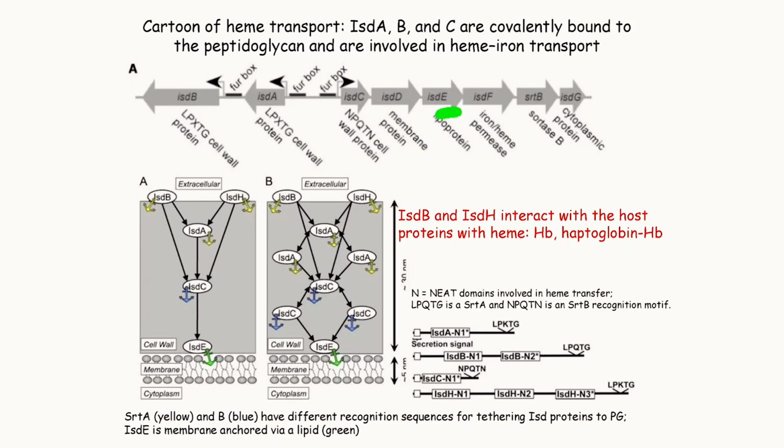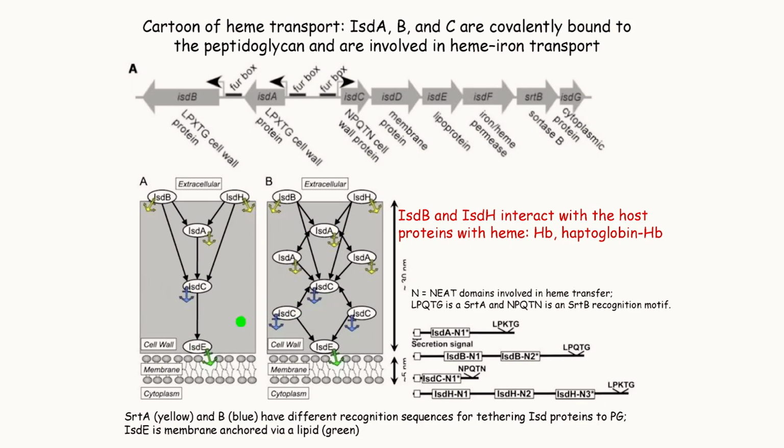And so here's the operon, and you can see that each part of this operon is activated by a Fur box. A Fur box is the transcriptional factor that turns regulation on or off at the transcriptional level by the presence or absence of iron, which we're not going to talk about further. What I wanted to point out here is that all of the yellow anchors are proteins that are attached covalently by sortase A, which has a defined zip code.